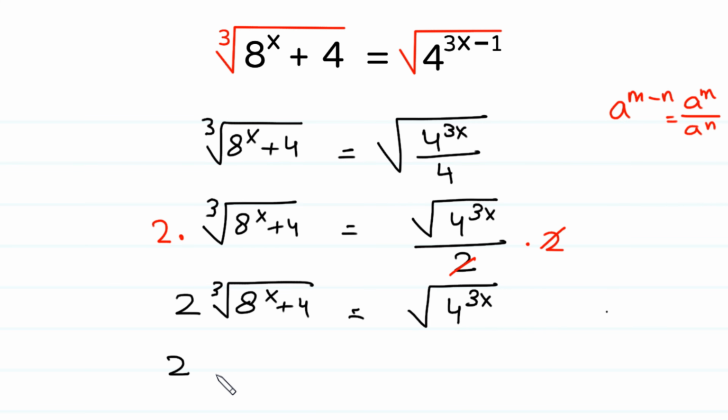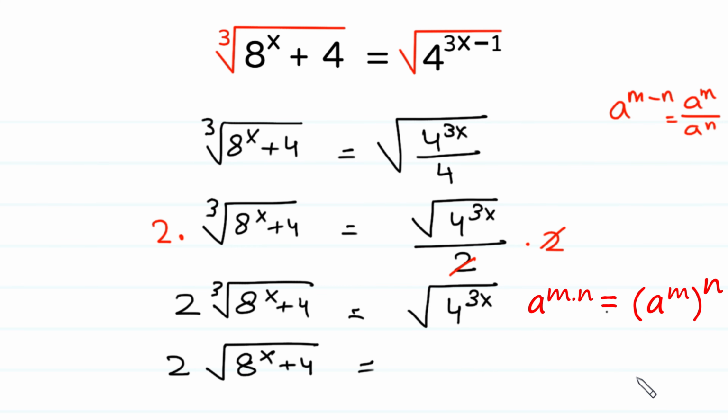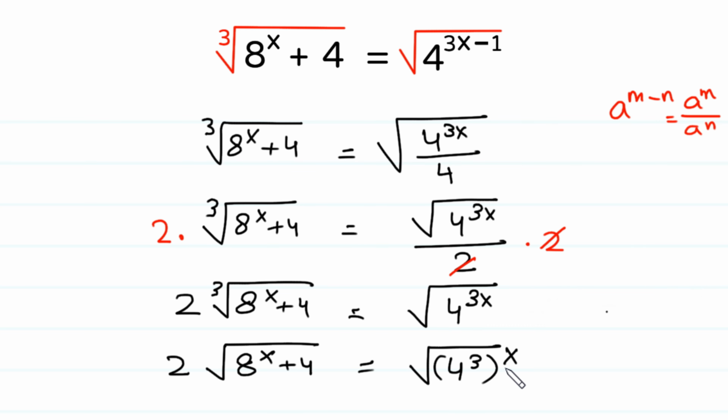Next, according to the rule of exponents, a to the power m times n is equal to a to the power m to the whole power n. We can write this as square root of 4 to the power 3 to the whole power x.